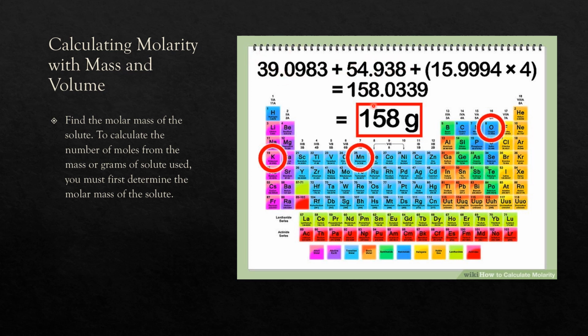We add that to the molar mass of manganese, which is 54.938. We also add the molar mass of oxygen, which is 15.9994, multiplied by 4 because there are 4 atoms of oxygen in potassium permanganate. So the total molar mass of our solute is 158.0339, and we round it off to 158 grams.